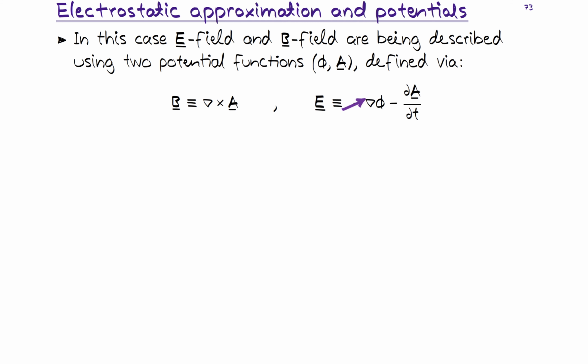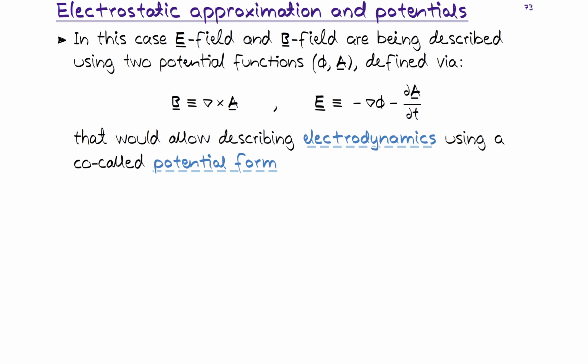Then under the electrostatic approximation, we do not have moving currents, so this term vanishes. We do not have time-dependent magnetic fields, and then we also have this equality between the E field and the scalar potential. Of course, the B field will be untouched in this case.